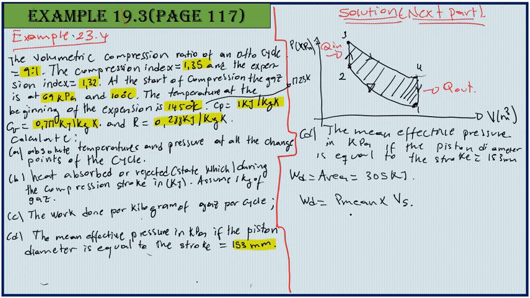So the mean pressure is equal to the work done divided by the swept volume. We have the work done, which is equal to 305.